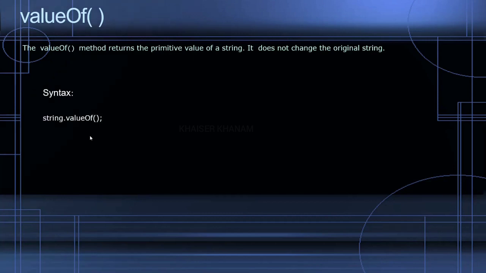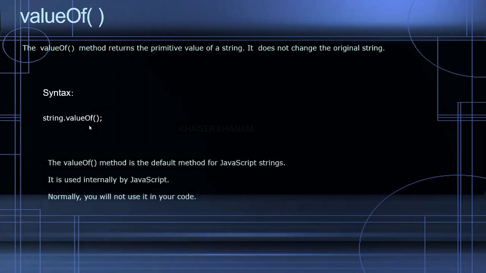Now this is the syntax. They will not be taking any parameters, and these are default methods in JavaScript strings. So for displaying the string data, you don't have to use the valueOf method and also the toString method. But these methods come under strings, so I have just told you.